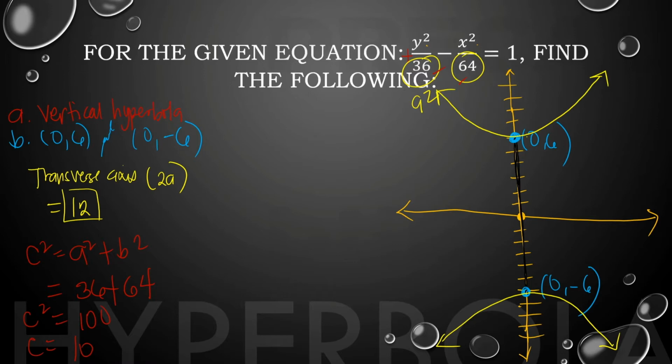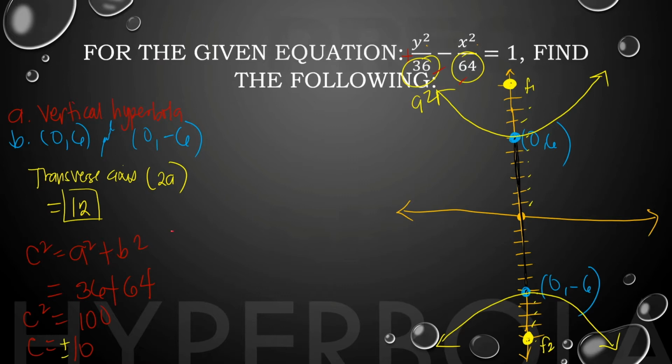Yung c, ito yung distance nung one focus from the center. Kung mayroon tayong positive and negative 10, bilang tayo from the center ng 10 units pataas and pababa. 1, 2, 3, 4, 5, 6, 7, 8, 9, 10. Dito yung isang focus. And then sa baba, 6, 7, 8, 9, 10, ito yung second focus. Focus 1 and focus 2.